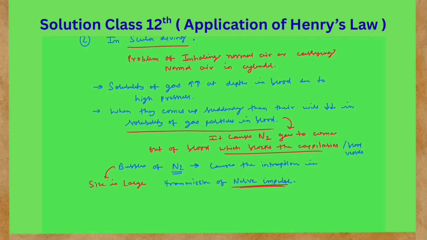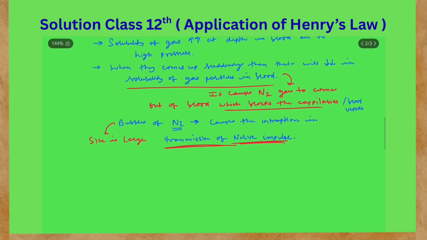Ultimately it causes a problem in humans, that is in transmission of nerve impulse. This problem is known as bends. The blockage of nerve impulse causes bends.